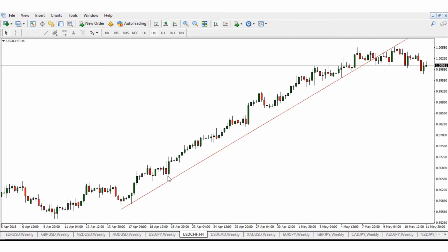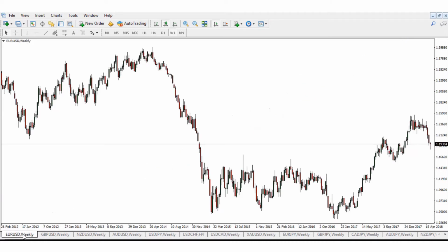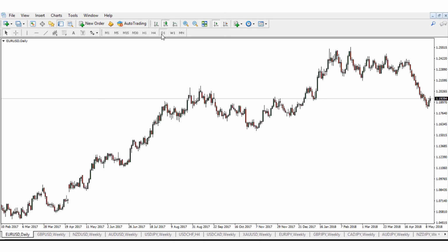It doesn't clearly fall on the trend line, but then we have some few touches. 1, 2, 3, went up, and then it broke through some in this area. Okay, let's also find a downtrend. Euro US dollar. In the daily, there is also a nice downtrend right here in this area.